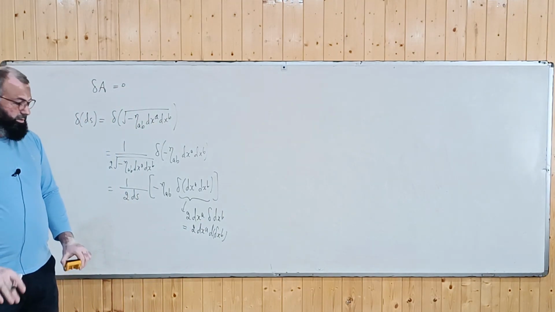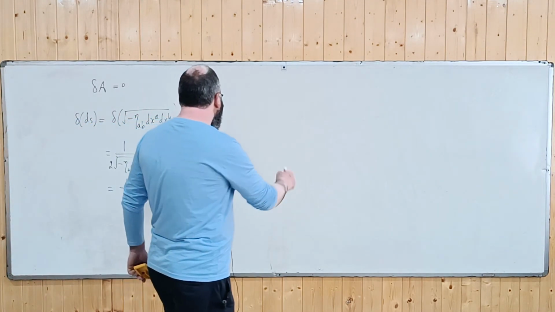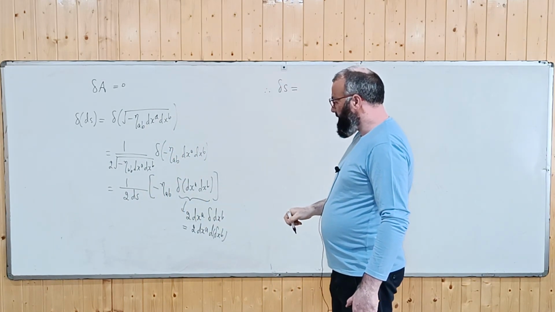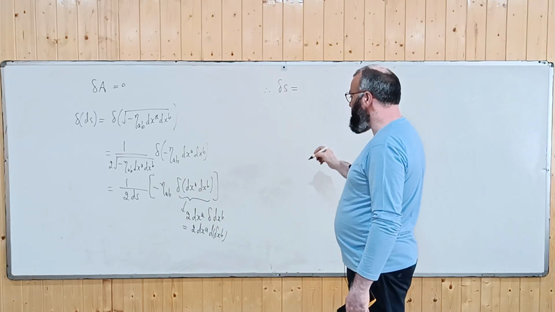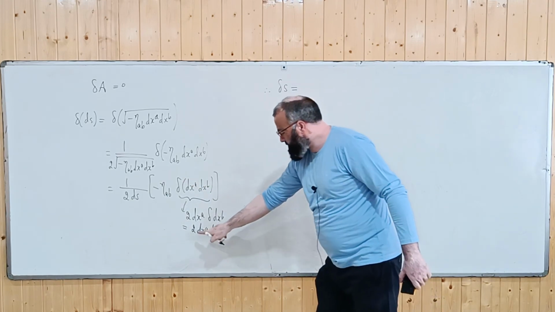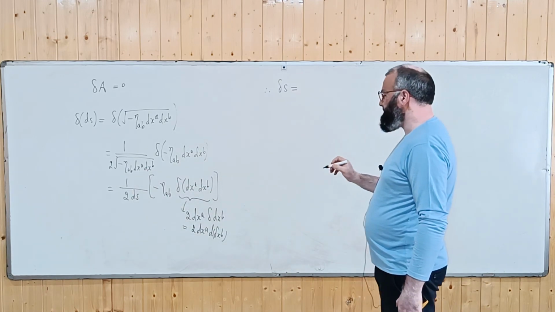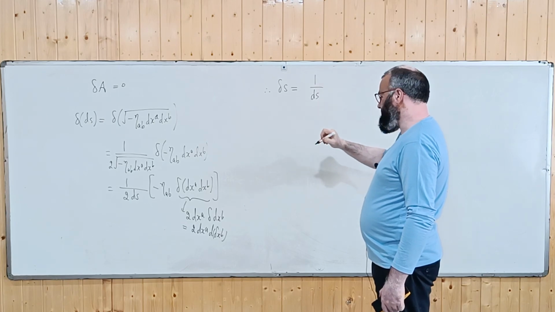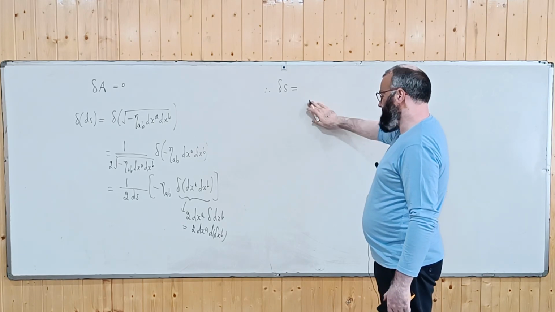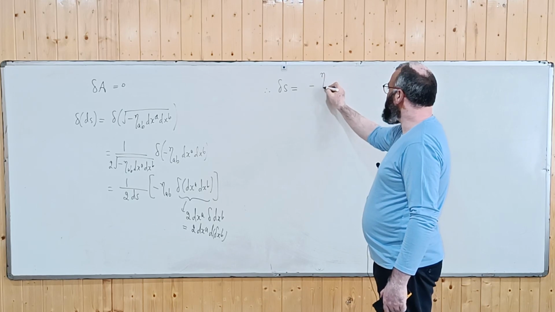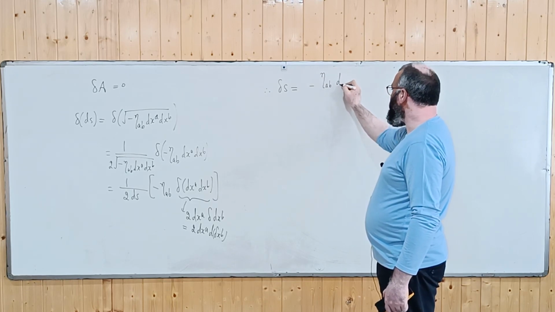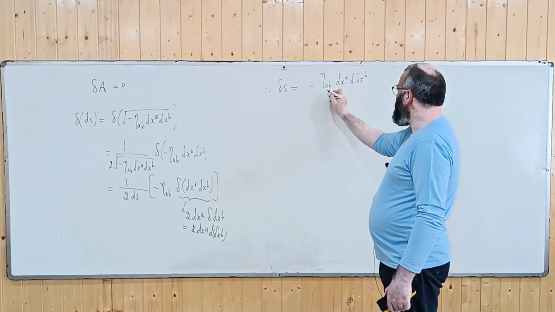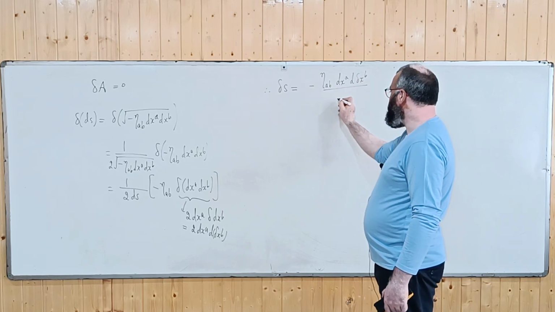Everybody? Okay. So now let's rewrite it. Therefore, this variation in s is equal to minus eta ab. This 2 and that 2 cancel out. So it is 1 by ds. Let me write it this way, minus eta ab, dxa d of variation of this x by ds.